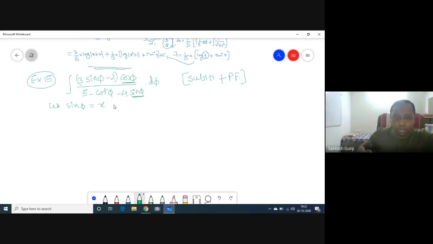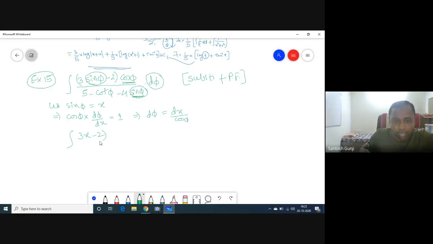Taking the derivative on both sides with respect to x, cos phi into d phi by dx is equal to 1. Hence the d phi value is dx upon cos phi. So just substitute this d phi value, and wherever sin phi is there, substitute x, and you will see how it is going to reduce.